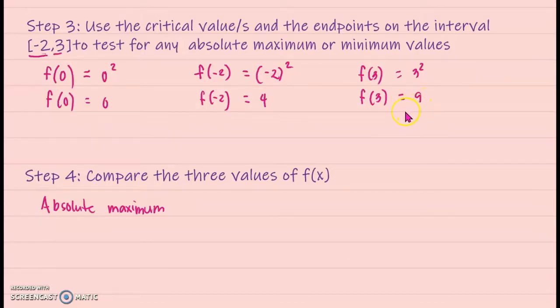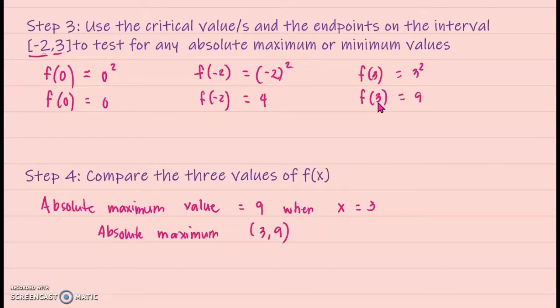So our absolute maximum value is 9. That is when x is equal to 3. So our absolute maximum is at (3, 9). Meaning to say, when you graph the function f of x equals x squared on the closed interval from negative 2 to 3, the highest point on that interval is at (3, 9).